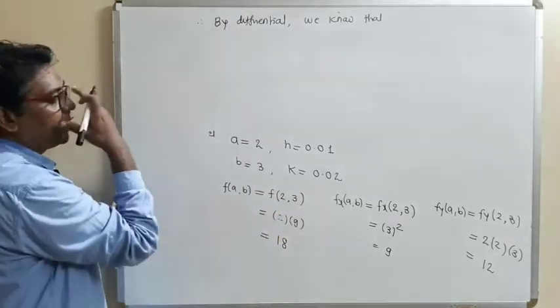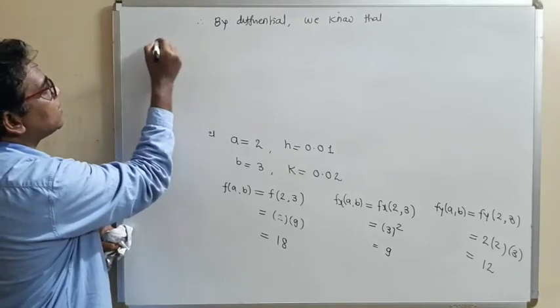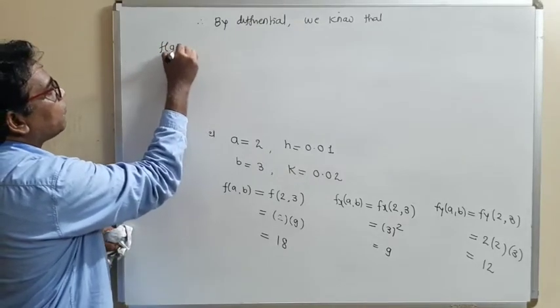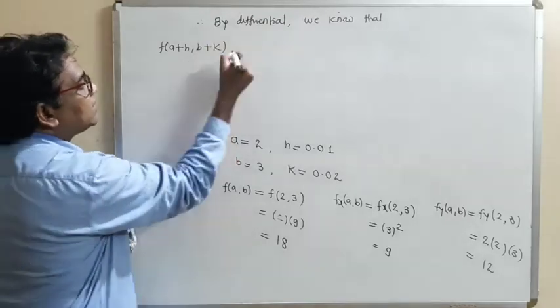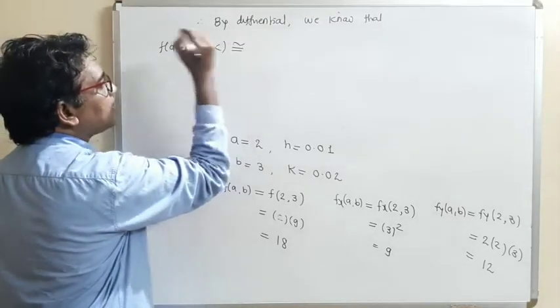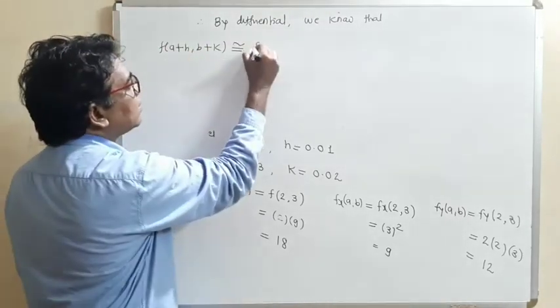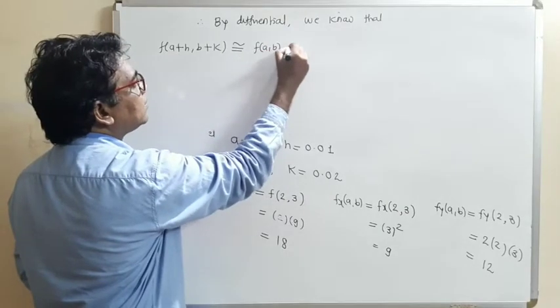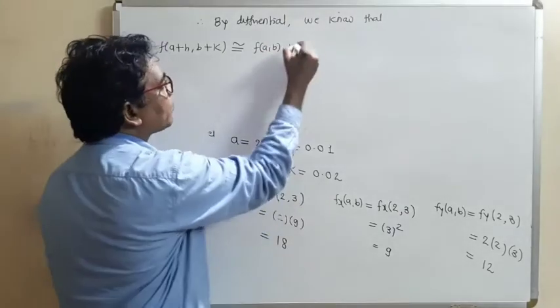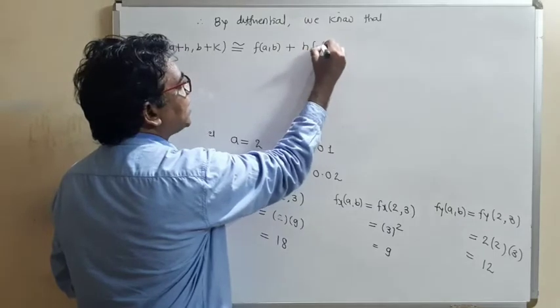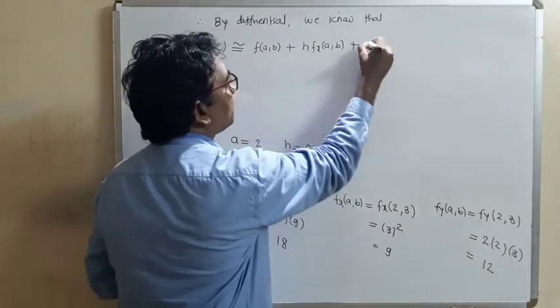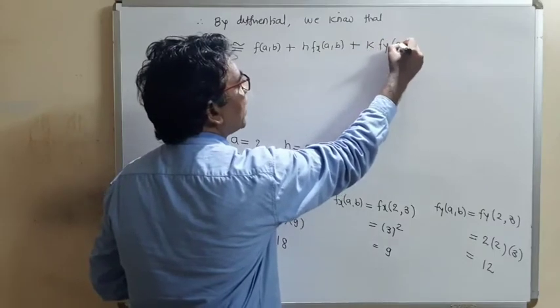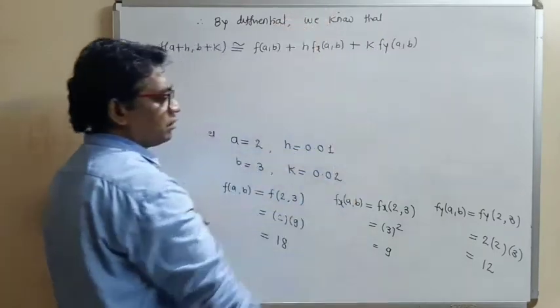So what is that formula? f of a plus h, b plus k, this approximate value, is given by f at ab, the first functional value, plus h fx at ab, the second functional value, plus k into fy at ab, the third functional value.